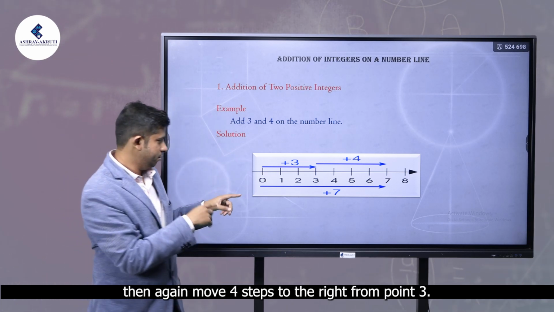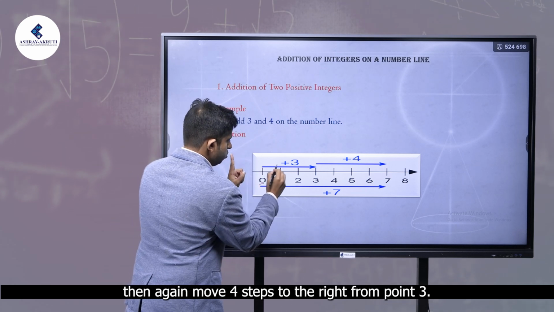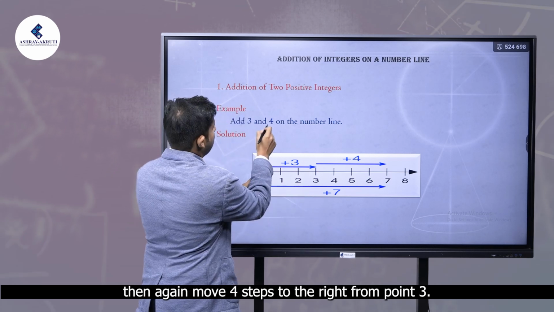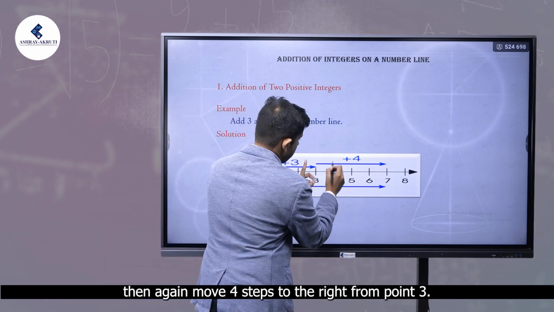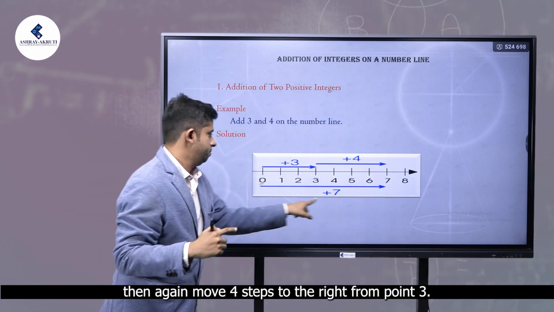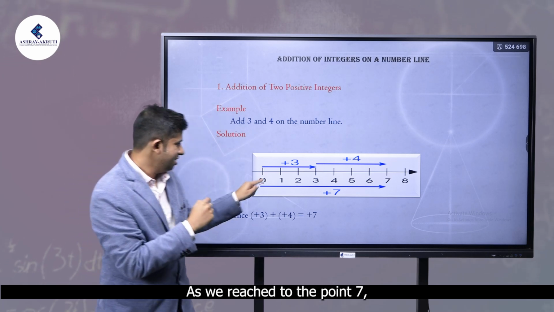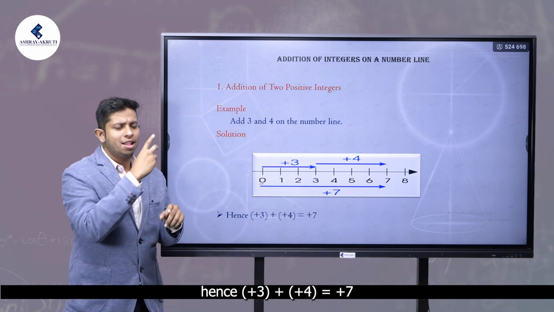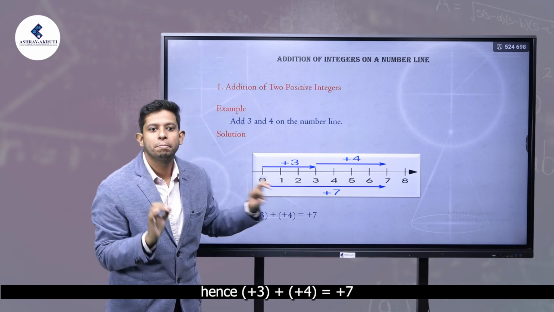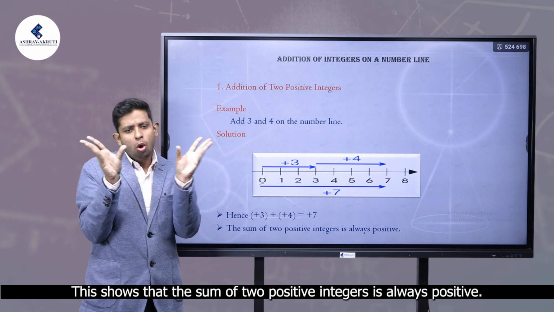Then again move 4 steps to the right from point 3. As we reach the point 7, hence plus 3 plus of plus 4 is equal to plus 7. This shows that the sum of two positive integers is always positive.